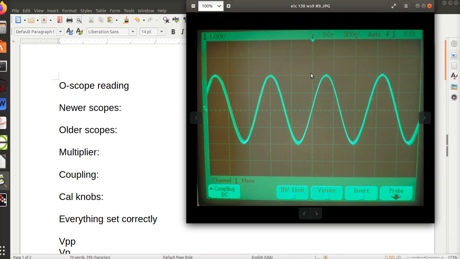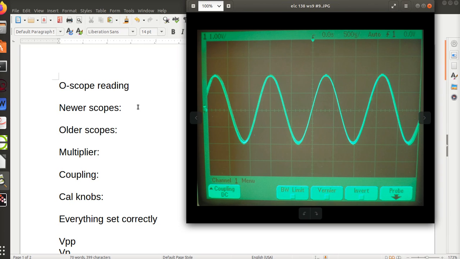The same is true for time. Time is always going to be your horizontal or your x-axis. Each of these squares is worth 500, and that's the lowercase u, the microseconds. So each of these squares represents 500 microseconds.